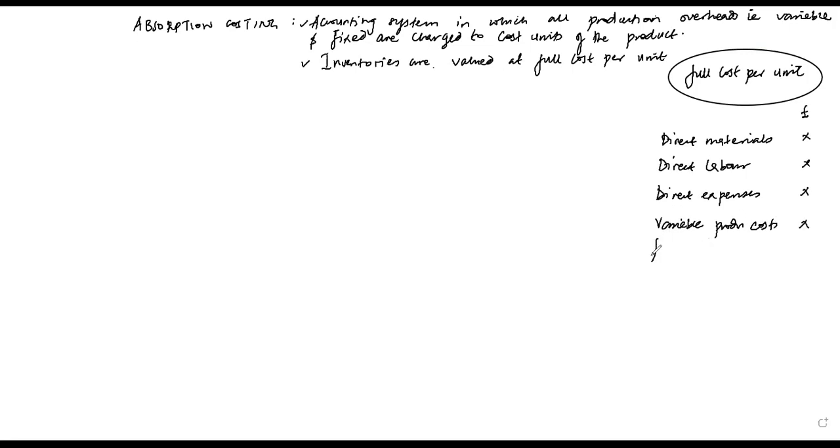Then we also bring the fixed production costs. What we get is the full cost per unit. And when we are using absorption costing, we have to value the units at their full cost. So that is absorption costing. So let us see how we can come up with the operating statement for periods 1 to 4 using absorption costing.